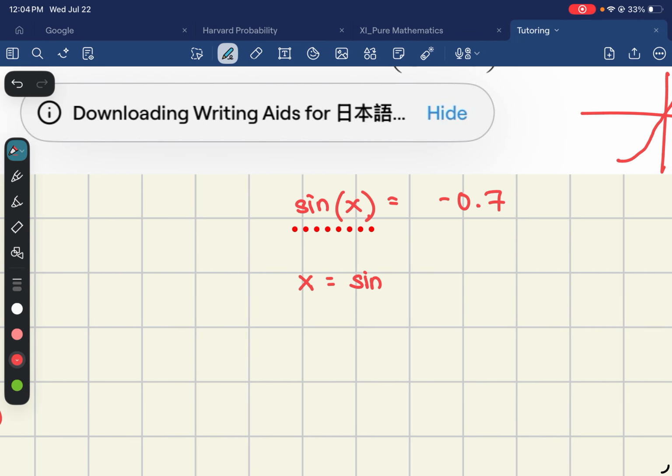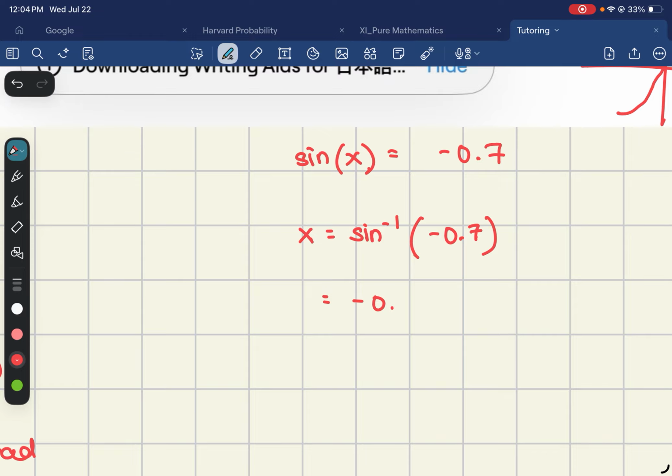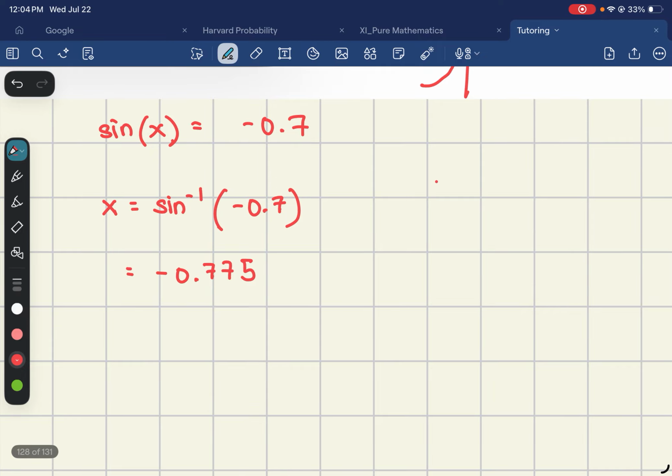So first of all, let's just take sine inverse of negative 0.7. If you do sine inverse of negative 0.7, then you have negative 0.775. That is 3 significant figures. All right. So you know that sine is an odd function. Sine of negative x is just negative sine of x.